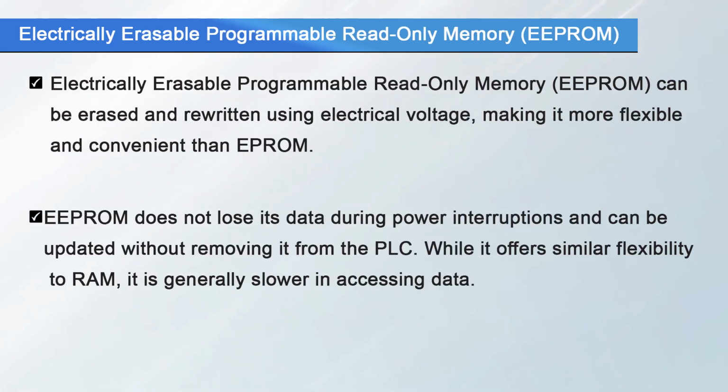The EEPROM does not lose its data during power interruptions and can be easily updated without removing it from the PLC. While it offers similar flexibility to the random access memory, RAM, it is generally slower in accessing the data.